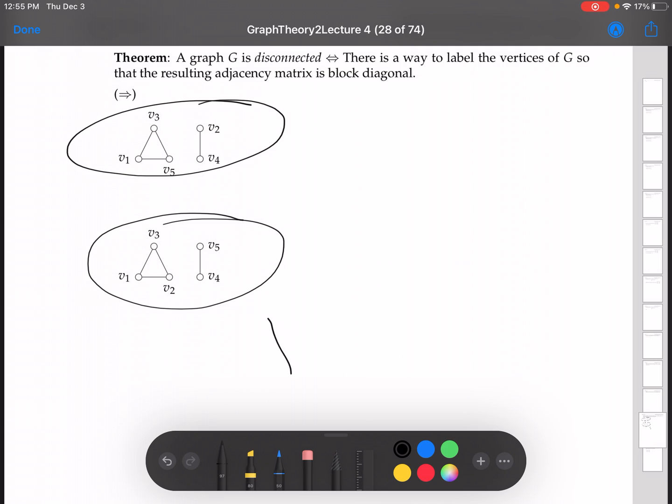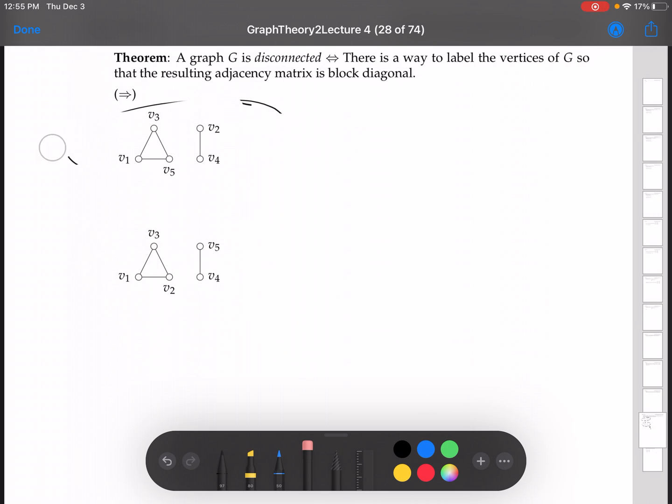You could pick this graph up off the page and set it down on the other one, and it would be exactly the same graph. So they are in fact the same graph. But the thing to notice is that the labelings are different. In this one, V2 is there and V5 is there. In this one, V5 is there, V2 is there.